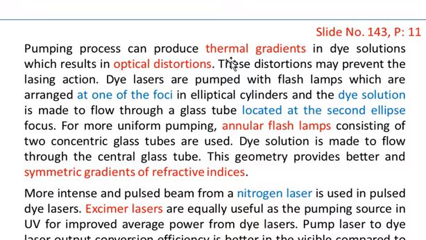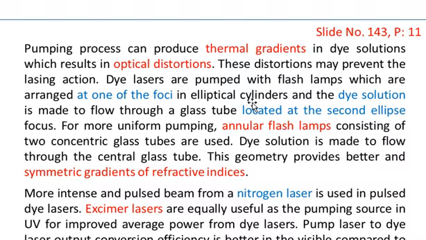Pumping process can produce thermal gradients in dye solutions, which results in optical distortions. These distortions may prevent the lasing action. Dye lasers are pumped with flash lamps, which are arranged at one of the foci in the elliptical cylinder.